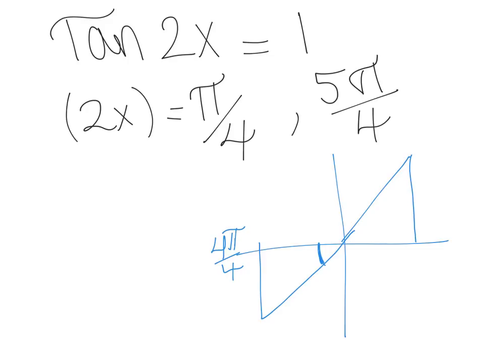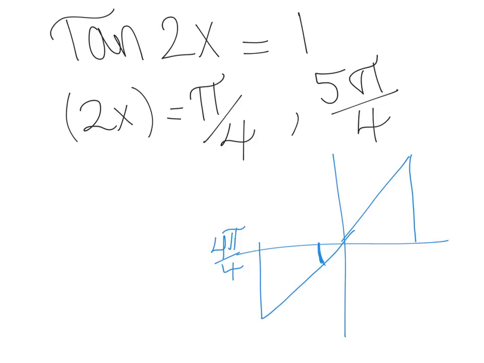Now notice that the difference between them is just pi. So really what I did is just to add pi, because the graph will repeat every pi. So the second answer is always just pi plus the first answer. So I can write a general answer if they didn't ask me to list exactly from 0 to 2 pi and told me to write all solutions.